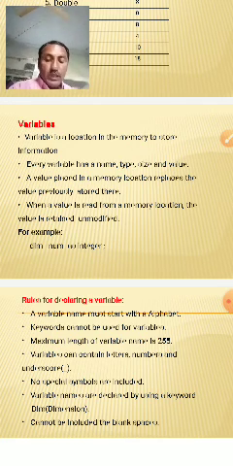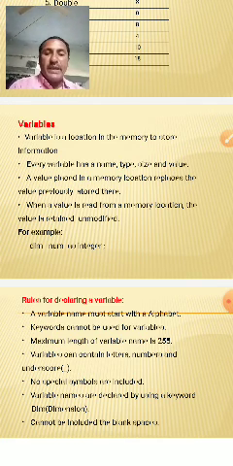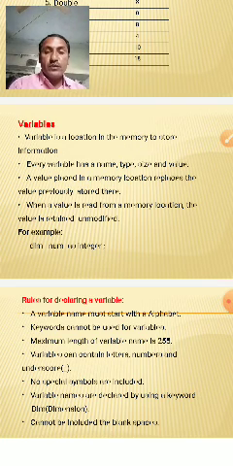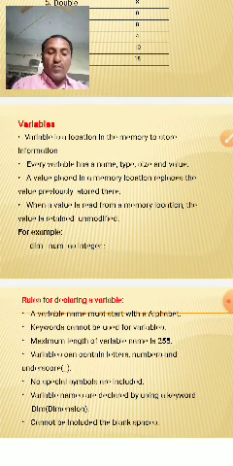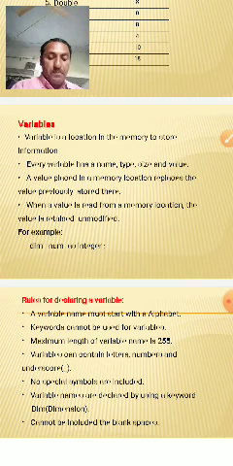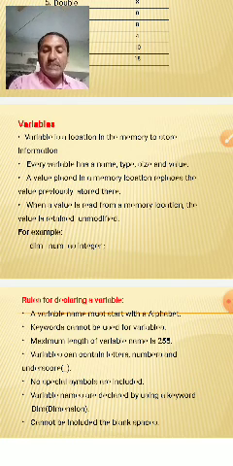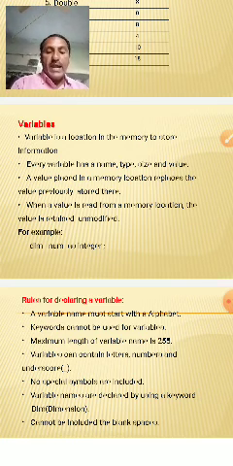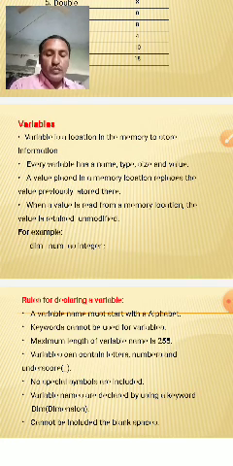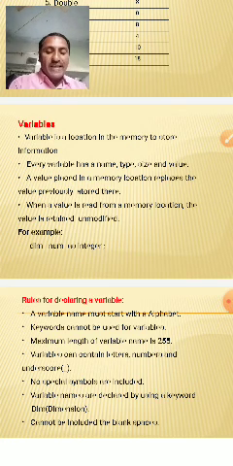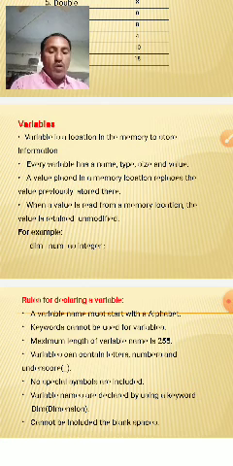Number two, the type of information being stored. Number three, the actual information itself. So there are three: variable name, type of information being stored, and the actual information itself.